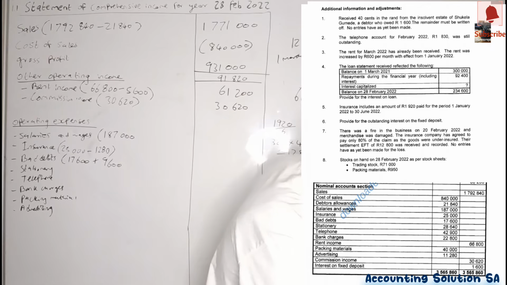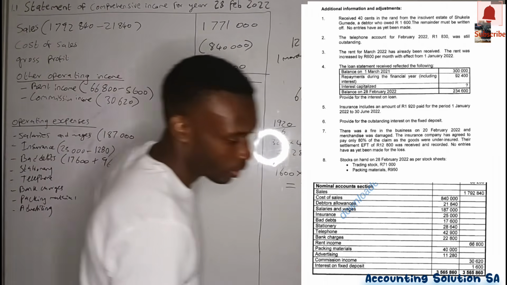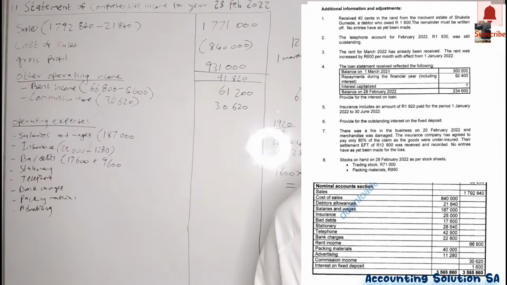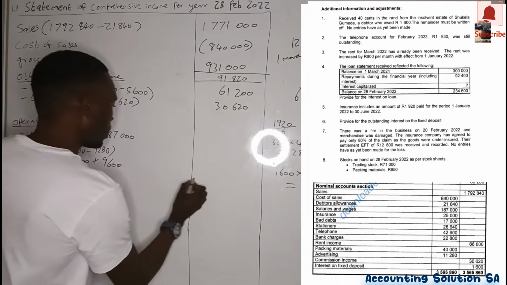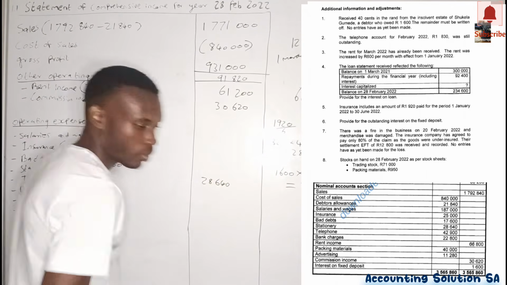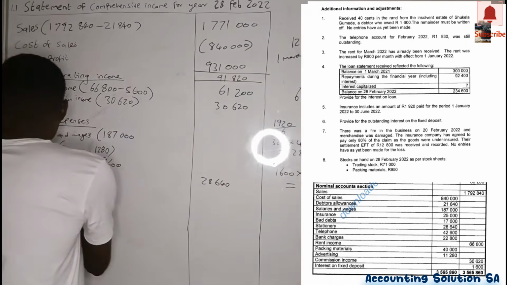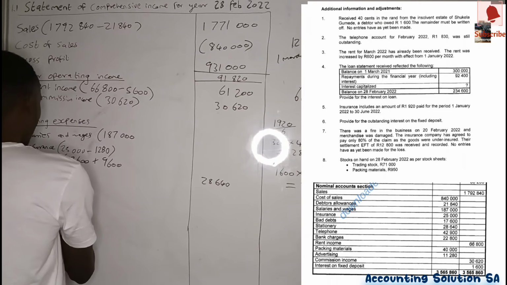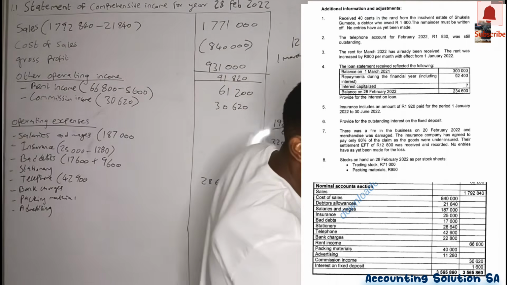The next one that we have is stationery. Okay, do we have any transaction related to stationery? No, we don't have, which means that the stationery amount of 28,640, we just have to write it as it is, 28,640. Okay, another one, telephone, 42,900. We have to open a bracket because we have a transaction.